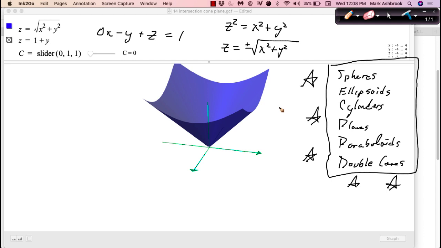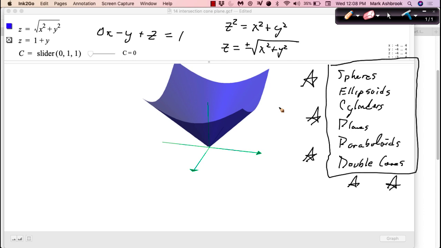Pick a constant z value. I'm asking you about the intersection of those two surfaces. What will it be? Circle, right? The trace will be a circle. So now I'm thinking z equals 1 plus y. What might that be? Okay, it's slanted now, right? So ellipse.